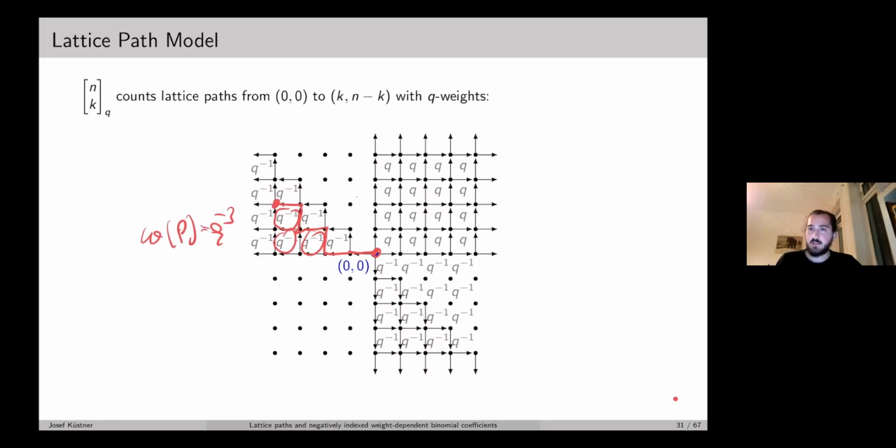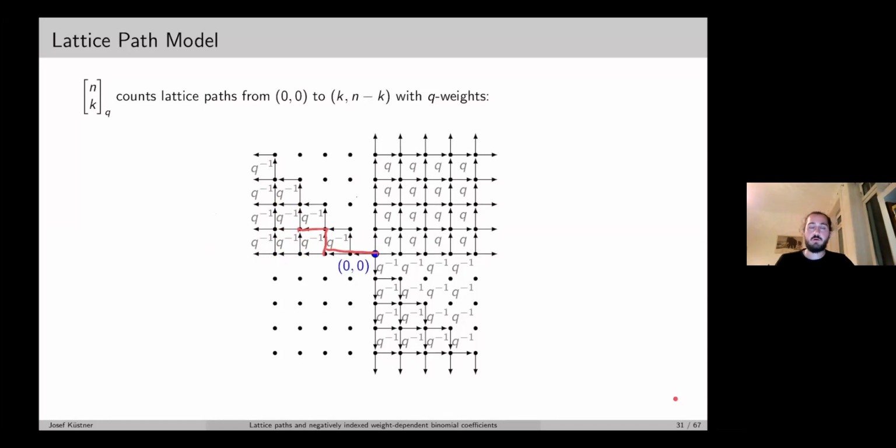But if I'm in the northwest quadrant, I'll have some paths which have no weight. In the northwest, yes, there will be some paths that have no weight, but only trivial ones, only the ones that always go to the west. Right, because I can't go north without also going west. Exactly. If you once go north, then you also go west, and then you have a weight. Yeah. Okay. Very good question. Thank you.